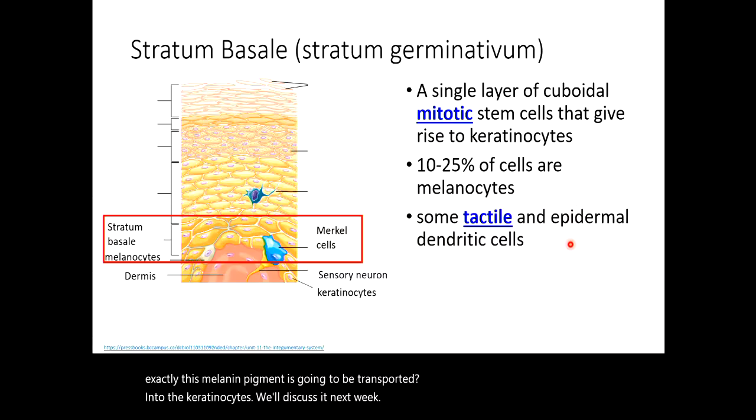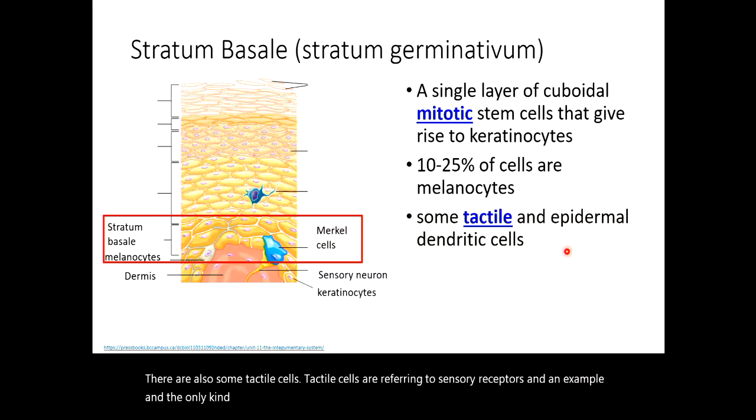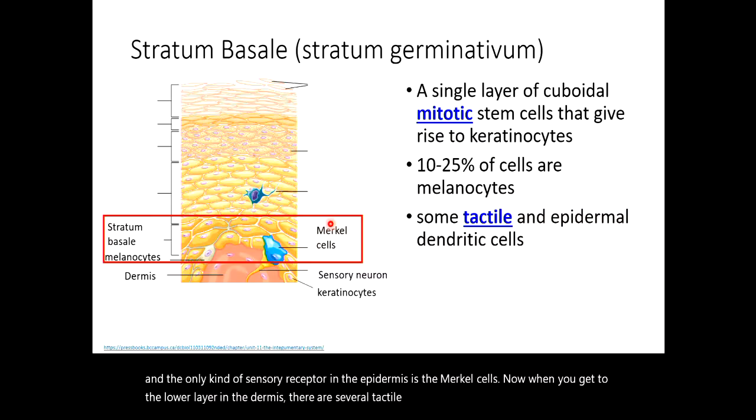There are also some tactile cells. Tactile cells refer to sensory receptors, and the only kind of sensory receptor in the epidermis is the Merkel cells. When you get to the lower layer, in the dermis, there are several tactile cells, and we'll talk about that next week.